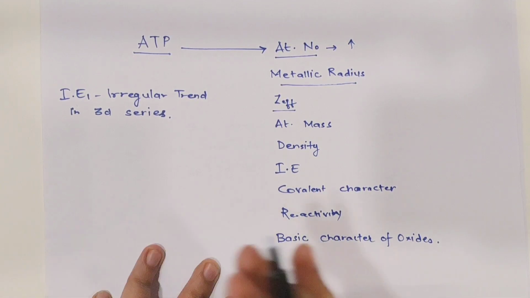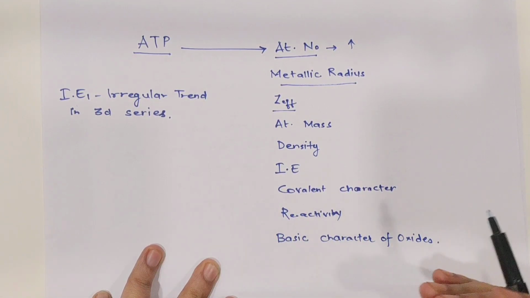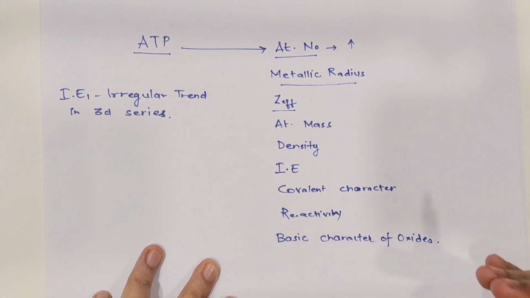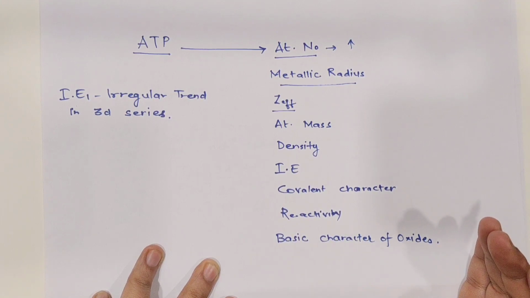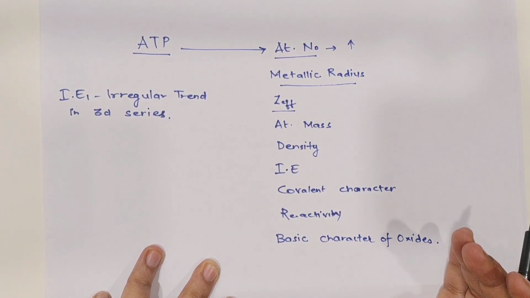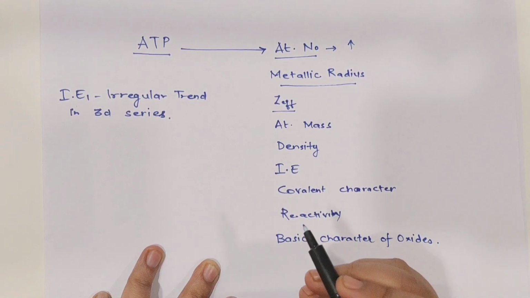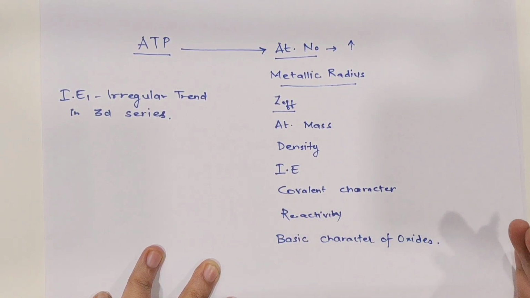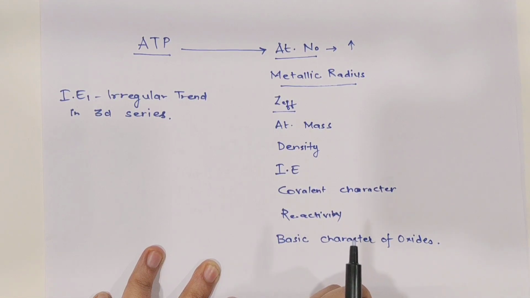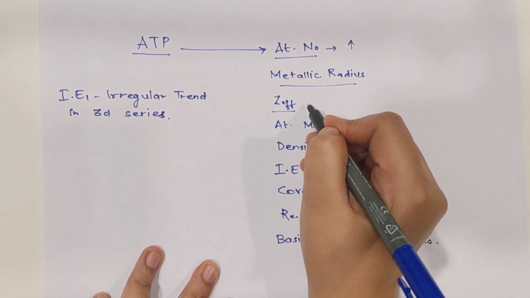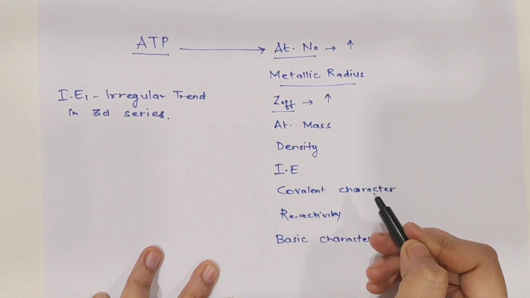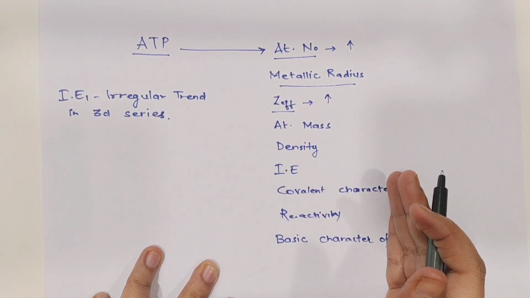As we move from left to right, protons get added into the nucleus. Electrons also get added, but they get added in the same shell. So distance from the nucleus does not increase. Nuclear charge keeps on increasing, but distance of the added electrons does not increase much. So the outermost electrons feel more pulled towards the nucleus. That is why Z effective increases as we move left to right along the period.